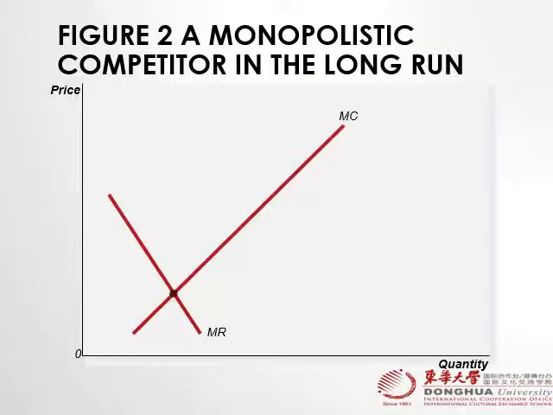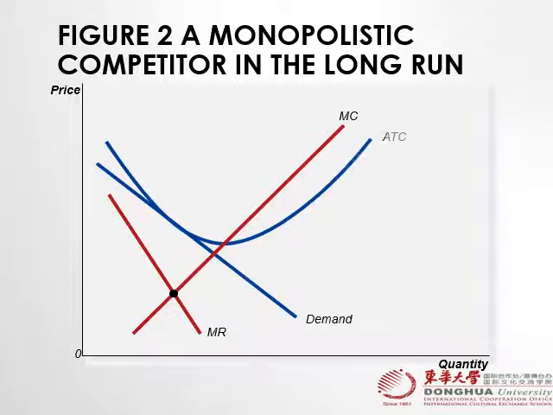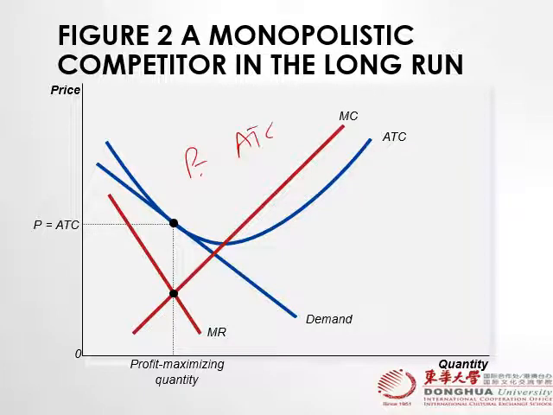So we have MR, we have MC. Here it is. In that case, price must be equal to ATC. That is the condition for competition. But we have one characteristic of a monopolistically competitive firm, that it faces a downward demand curve, not a horizontal straight line, right?